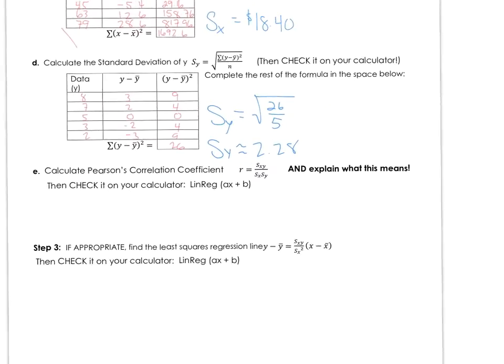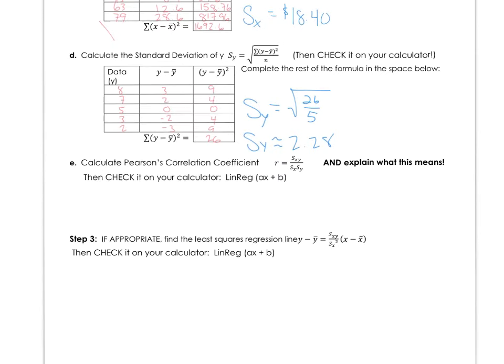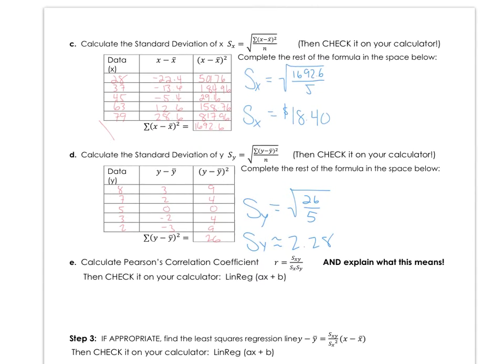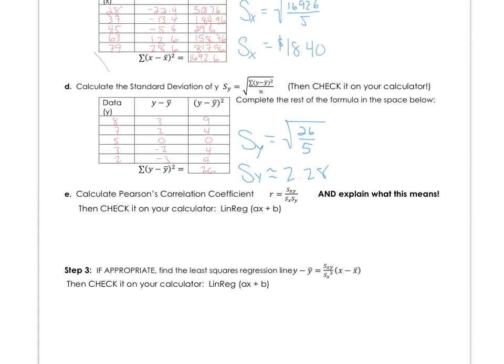Okay, there is the important information. We're now going to take this covariance data and the standard deviation data, and plug that stuff in for our values. So that's what I'm going to do right here in step E. So R is equal to the covariance. Now give me just one moment.